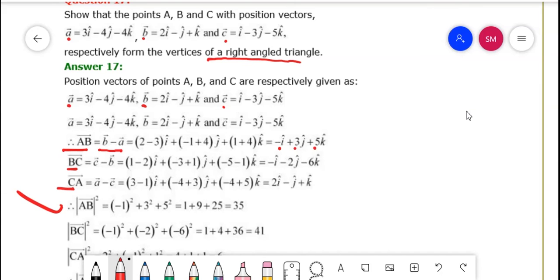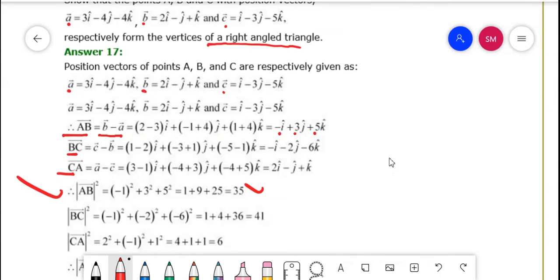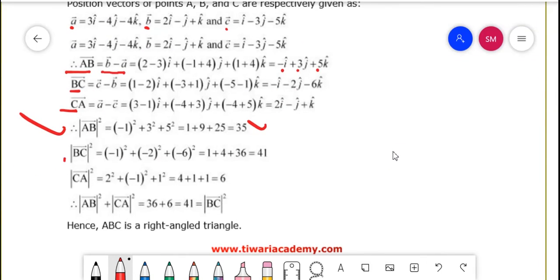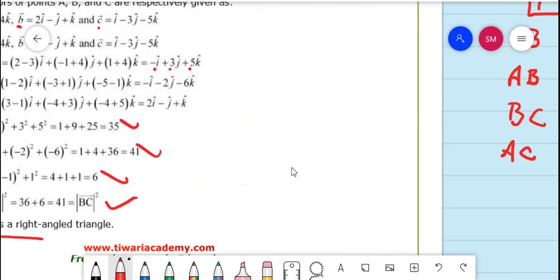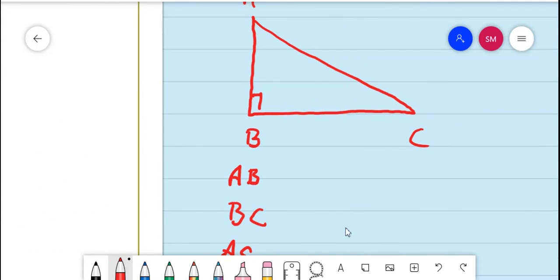Now the magnitude of AB is root 35, the magnitude of BC is root 41, and CA is root 6. So BC is the highest, so BC must be the hypotenuse. So this diagram is incorrect.